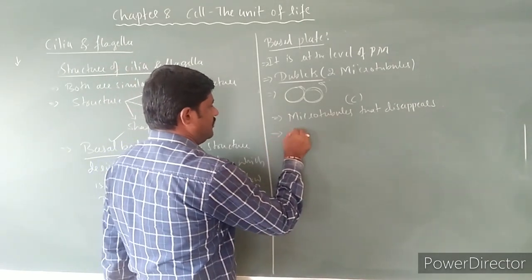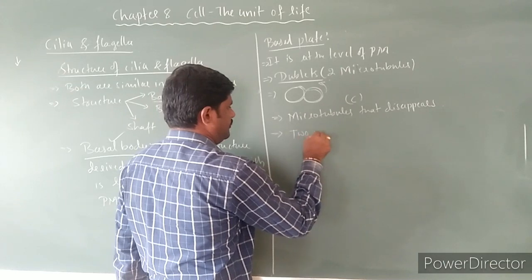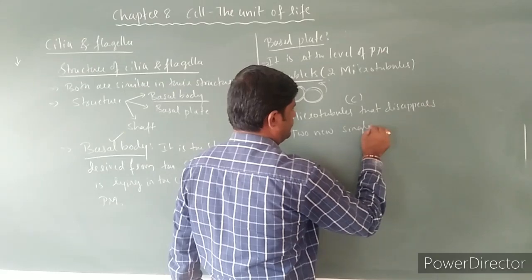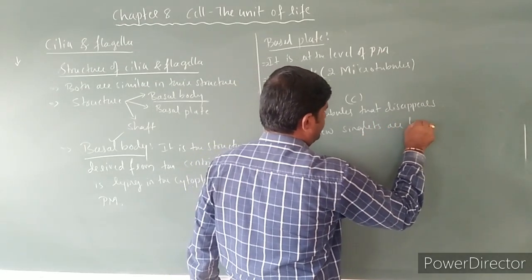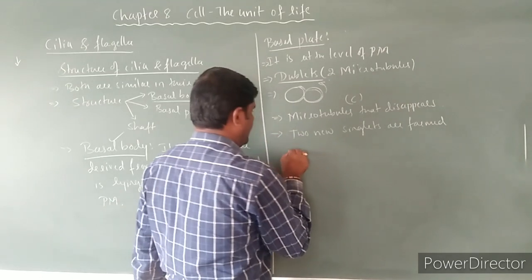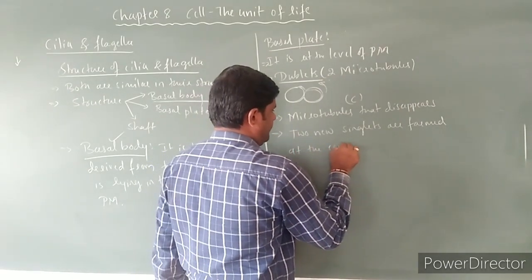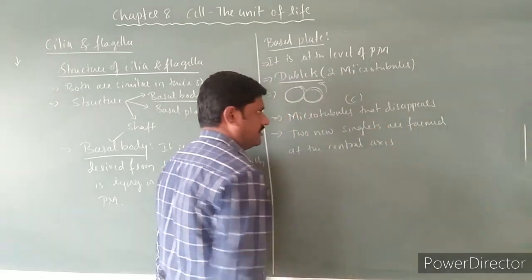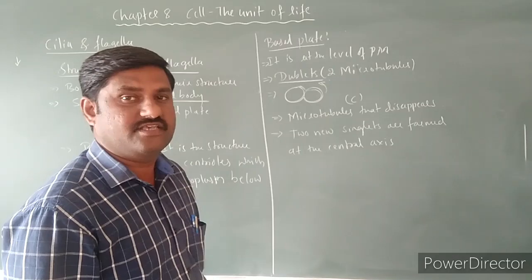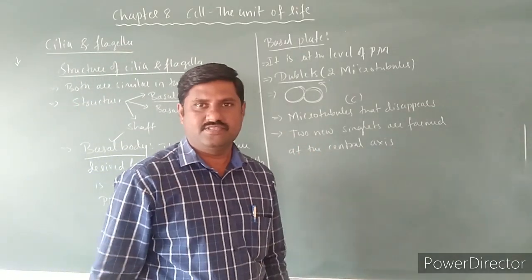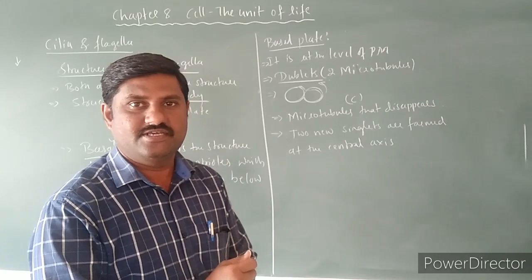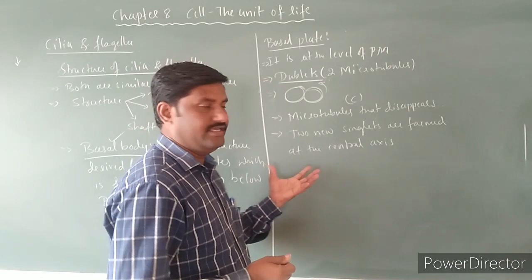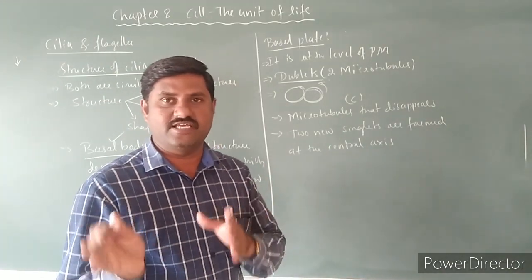And two new singlets are formed at the central axis. They are attached to the central sheath. So in what way is the structure? Let us see the entire structure of cilia as well as flagella.